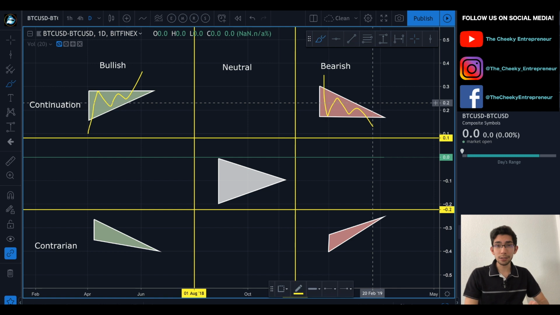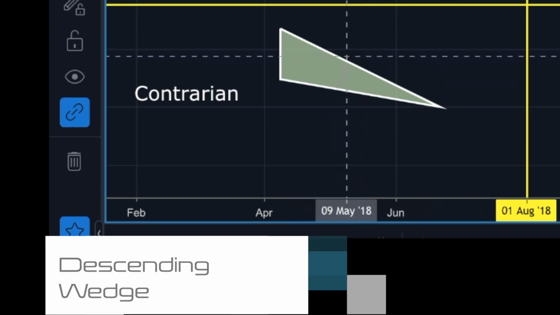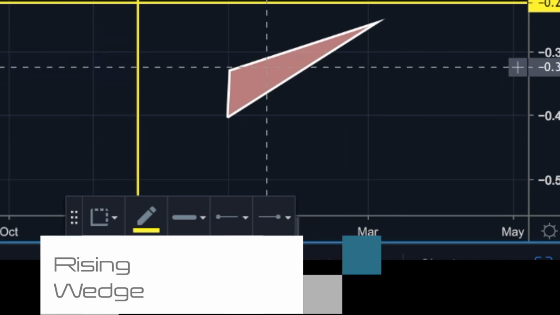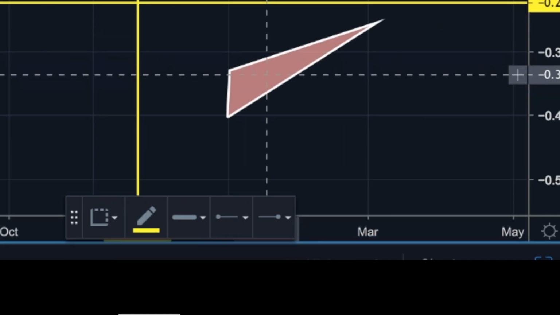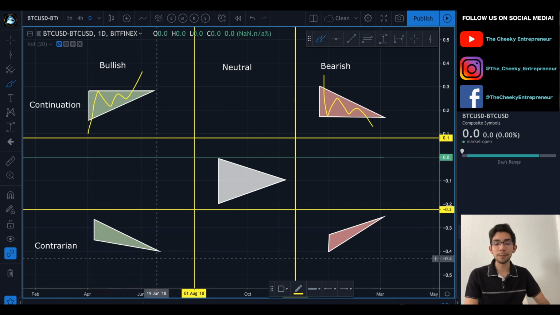The last two triangles I want to talk about are really called wedges. On the green side here, you have what's called a descending wedge, which is a bullish sign, and on the right side you have the rising wedge, which is basically bearish. I'm including them in this category of triangles because you can see what the price is doing.